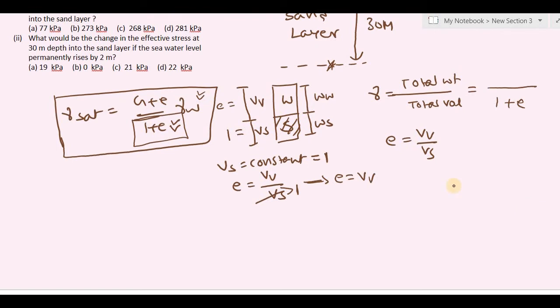Now we know the weight of something is the unit weight of something into the volume of something. Let's say the weight of water equals unit weight of water into volume of water.